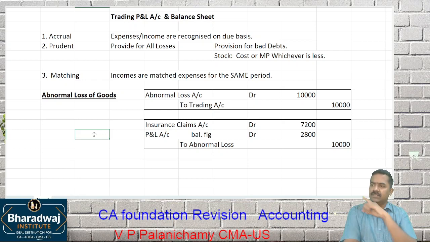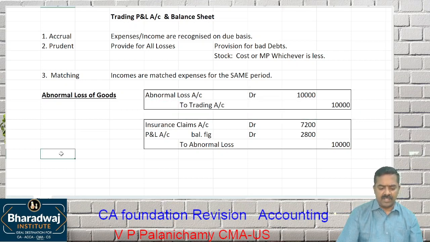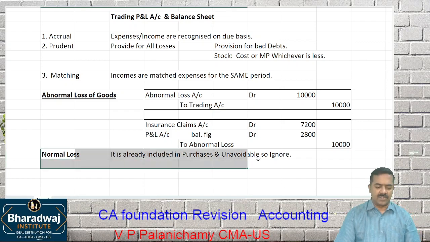Any doubt in it? Then what about normal loss? Normal loss is already included in purchases and unavoidable. So ignore. Normal losses, we don't value.